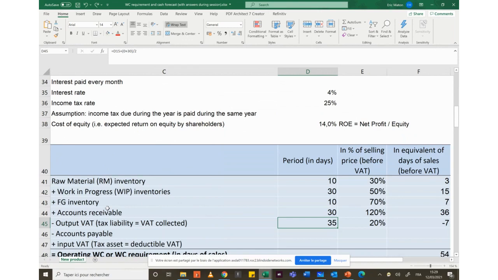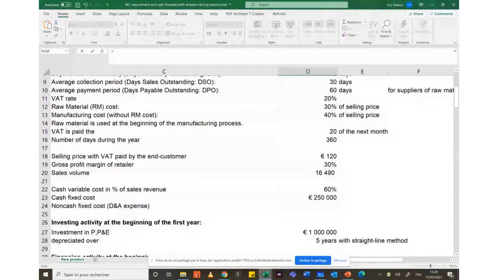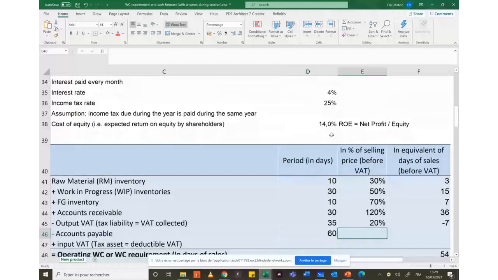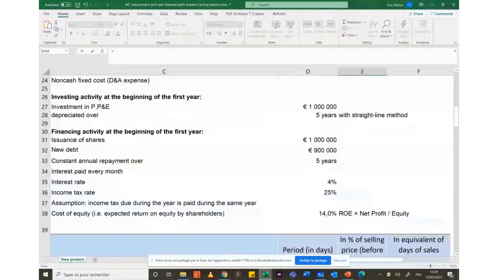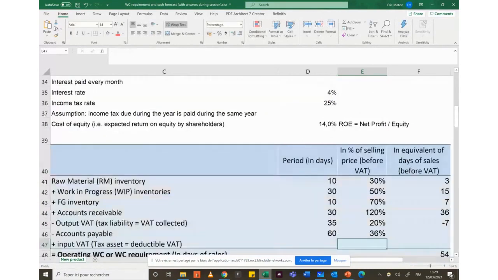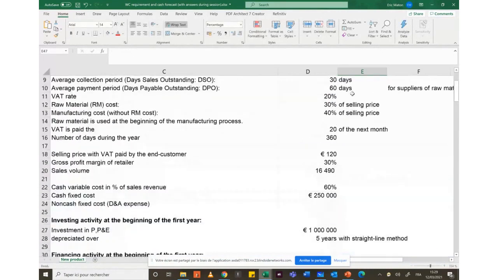For the accounts payable, we pay the suppliers, we suppose, after 60 days. For the VAT, what we pay with VAT, we present 30% of the selling price. So 30% of the selling price without VAT multiplied by 1 plus the VAT rate. Very precise here, of selling price without VAT.